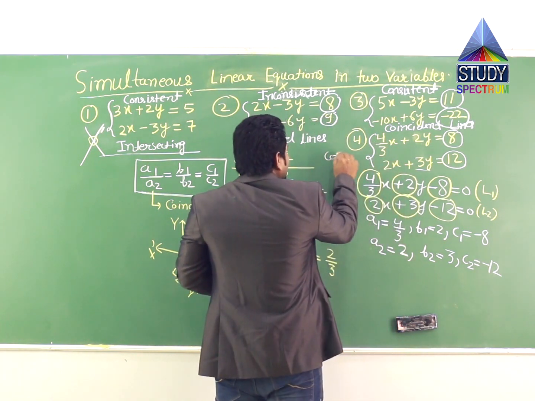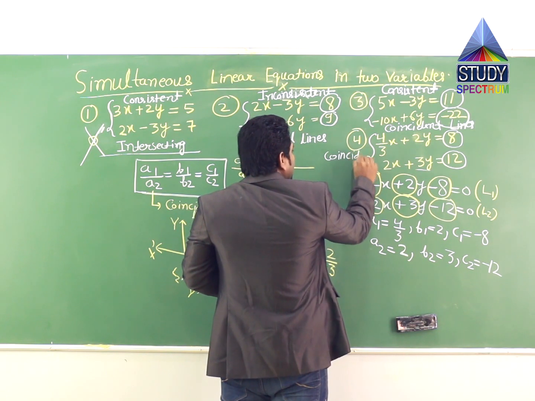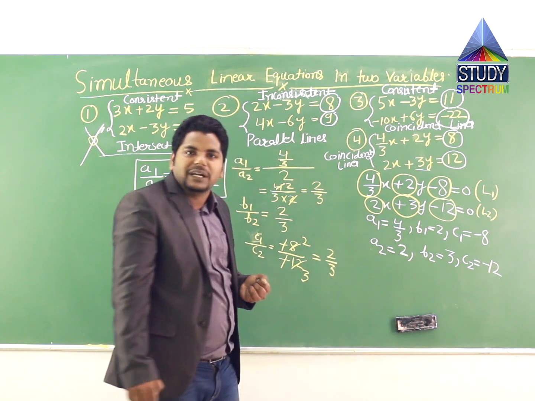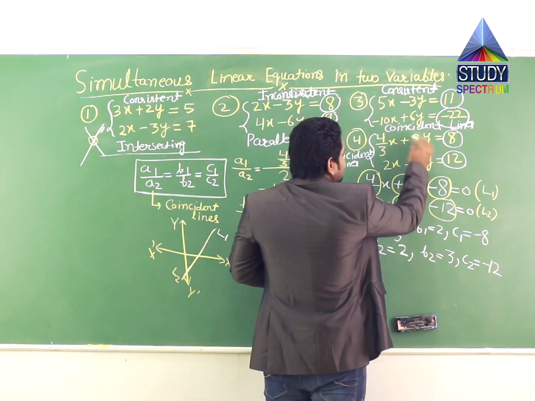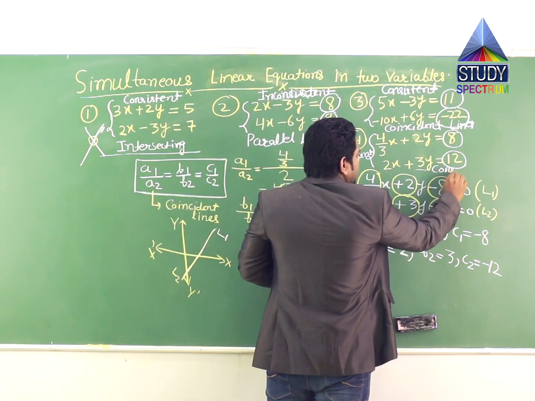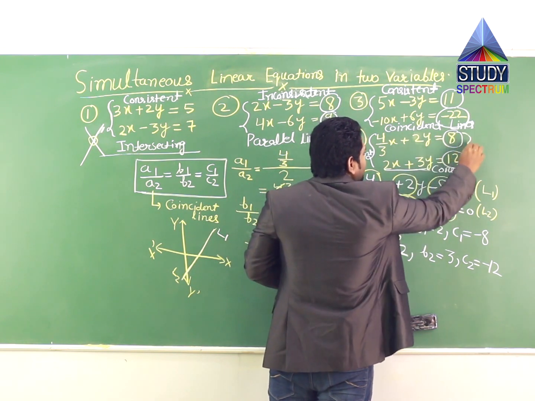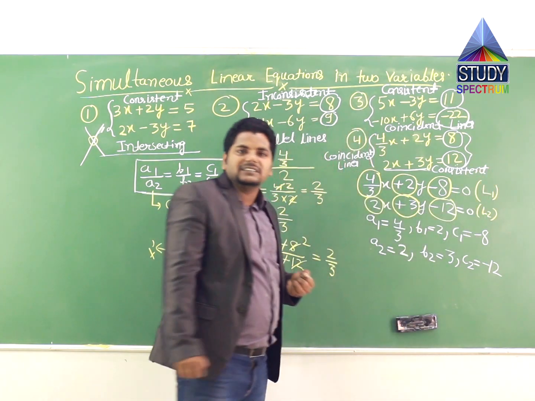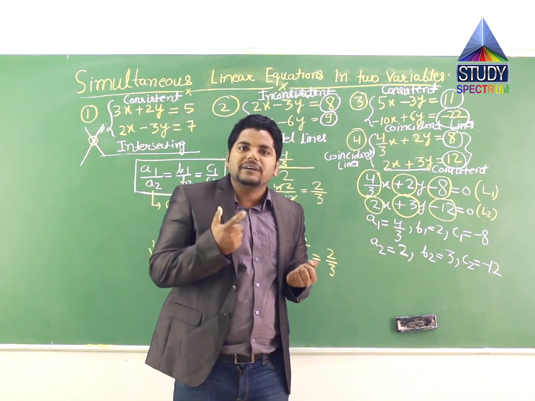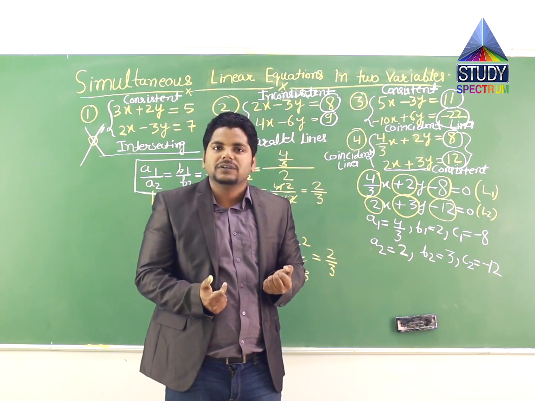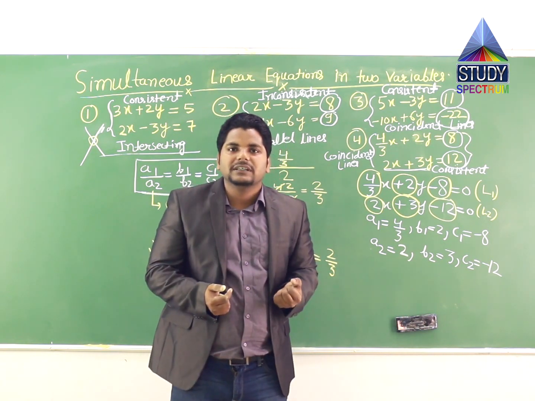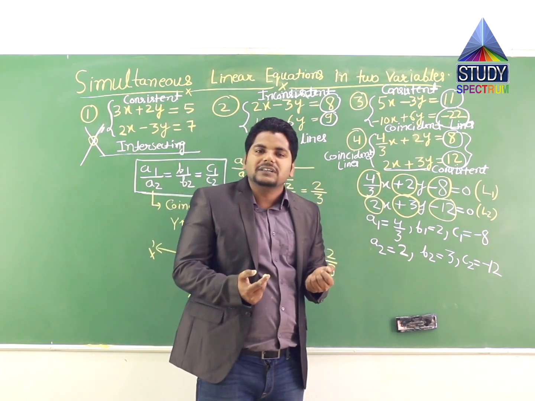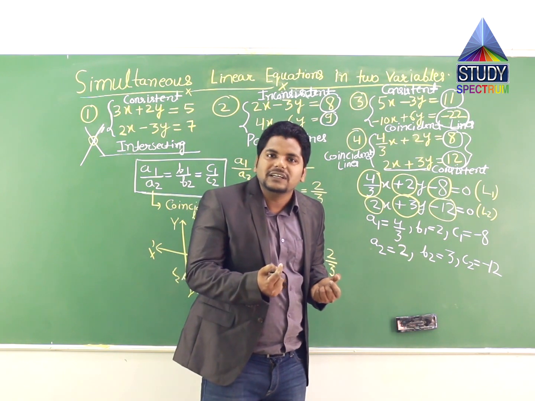These are coincident lines, so it will have infinitely many solutions. A consistent system means that our system of two linear equations has infinitely many solutions or a single solution.